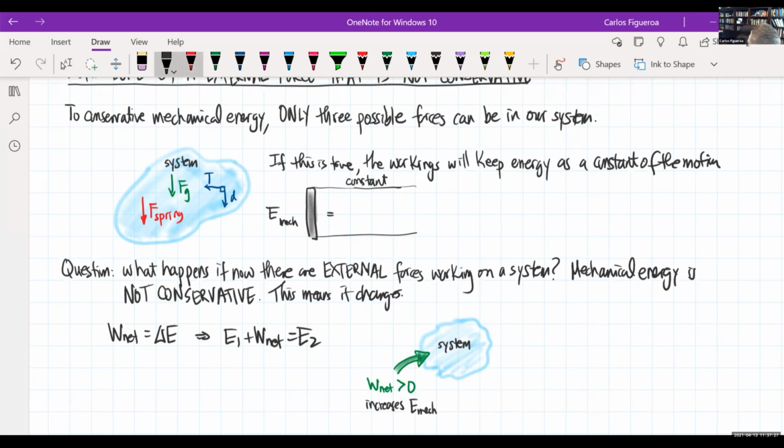On the other hand, if I have work that's being pulled out of my system, so now the net work is negative, then there must be a decrease in E mechanical. So I can change the mechanical energy of the system.